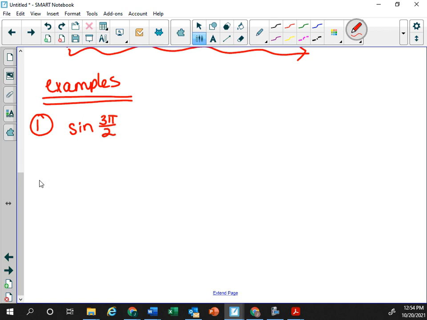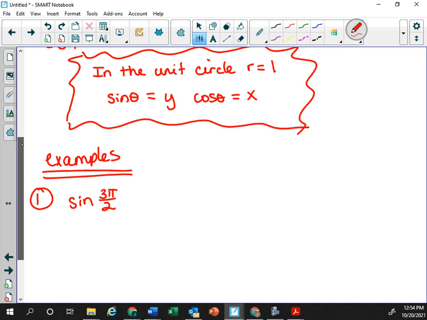So you need to find 3 pi over 2 on your circle. Where is 3 pi over 2? Where is it, guys? Where's 3 pi over 2? Bottom, right? Bottom is 3 pi over 2. I'm asking you for the sine of that. When we're in the unit circle, the sine is just the y value.